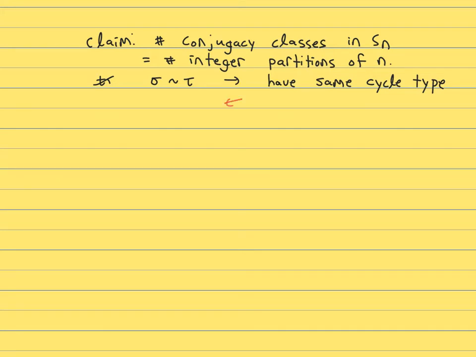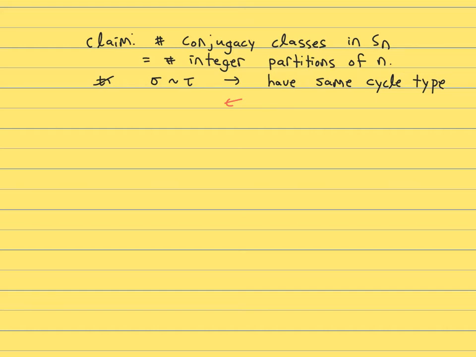If they have the same cycle type, then they're actually conjugate. Then that tells you that they're equivalent if and only if they have the same cycle type, which means that they're given by the same sum of integers, and then that means that for every integer partition, there exists exactly one conjugacy class.